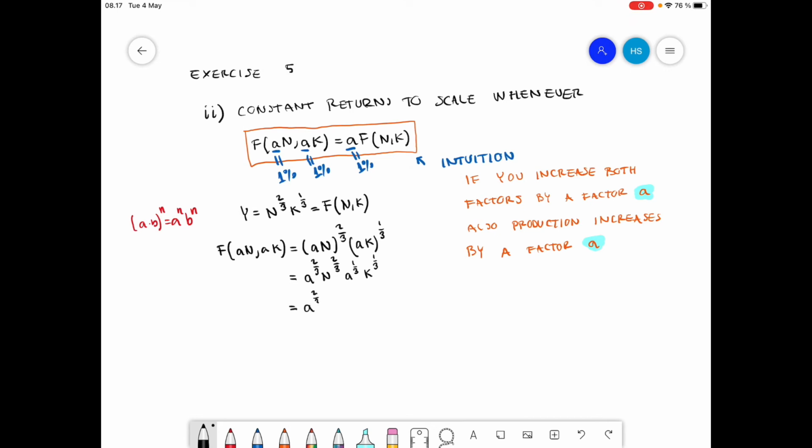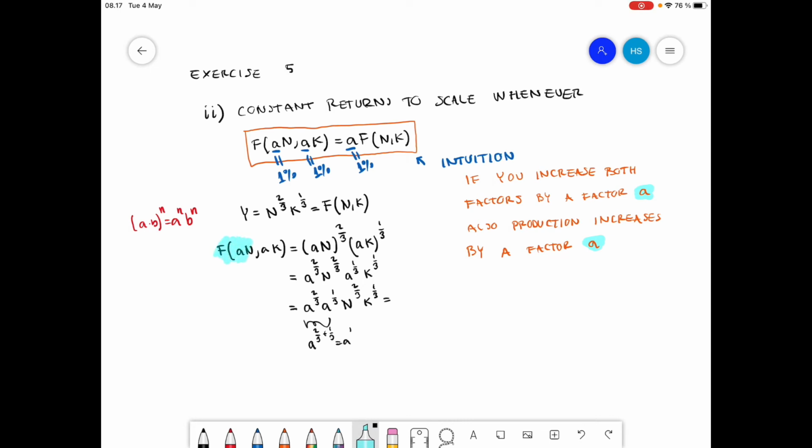Then we have a to the power of 2/3 times a to the power of 1/3 times n to the power of 2/3 times k to the power of 1/3. This here we can simplify. This is the same as a to the power of 2/3 plus 1/3, which is just equal to a to the power of 1.